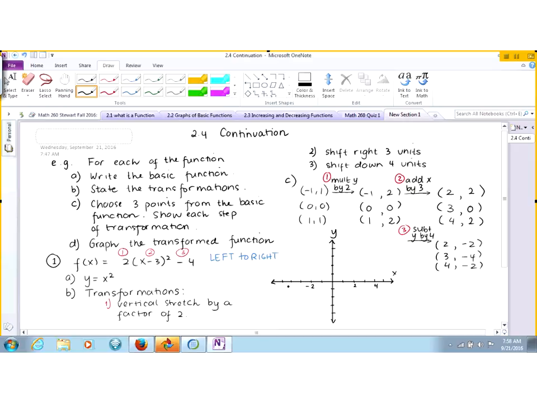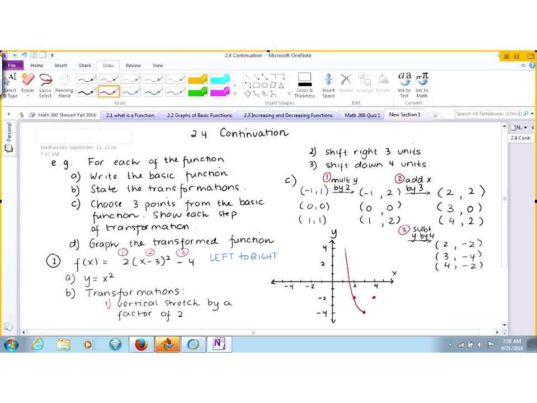So this is 2, 4, -2, -4, -2, -4, 2, 4. Okay. So 2, comma -2 is right here. All right. 3, comma -4 is right here. And 4, comma -2 is right here.